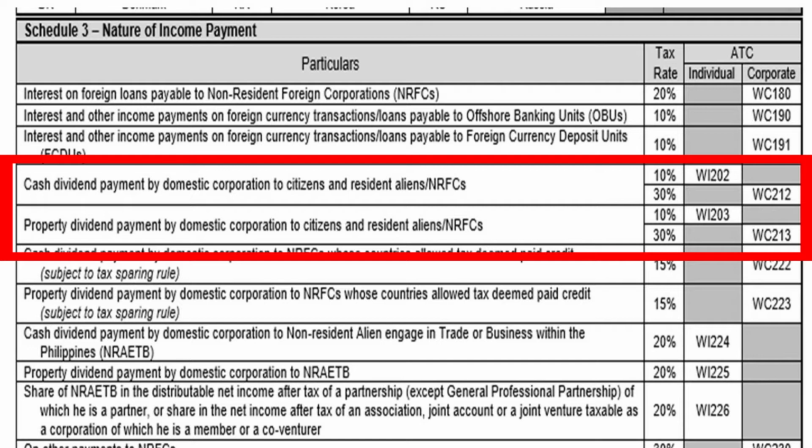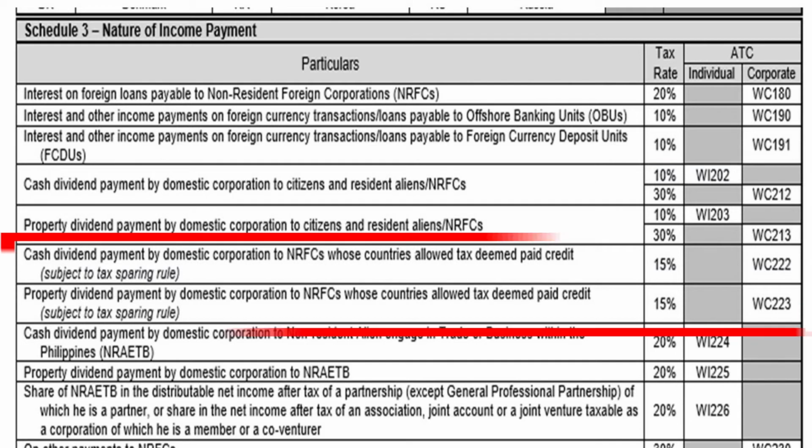For property dividend payment by domestic corporation to citizens and resident aliens, 30% for corporation, WC213. Cash dividend payment by domestic corporation to non-resident foreign corporation whose countries allow tax deemed paid or credit, subject to the tax-sparing rule, 15% for corporation, WC222.